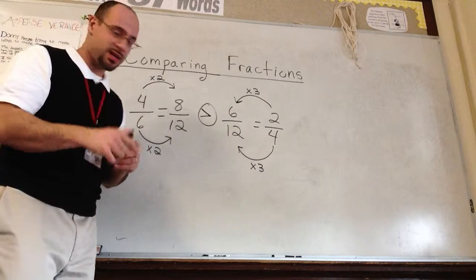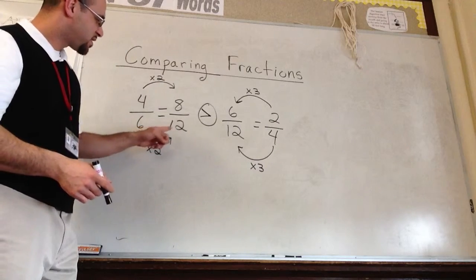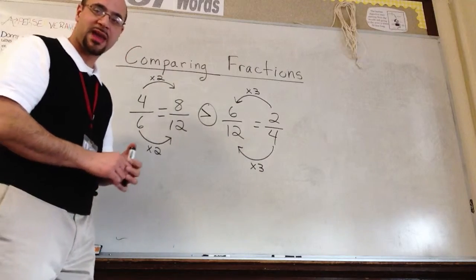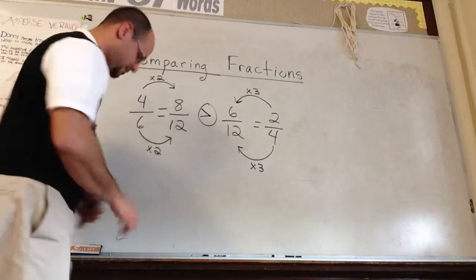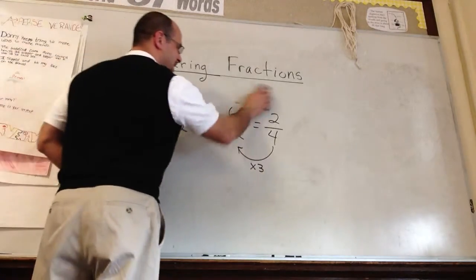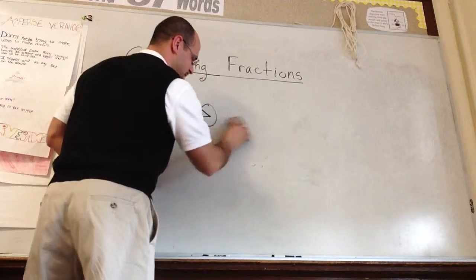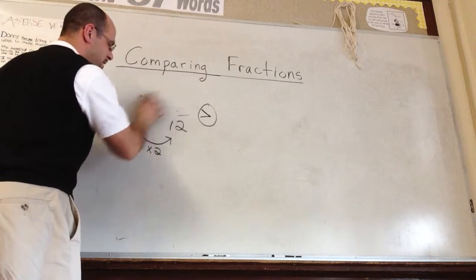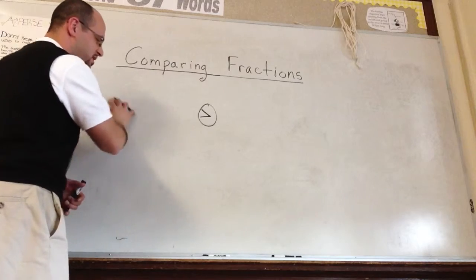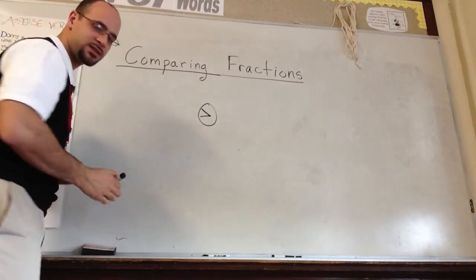The only trick is, if you have to change your denominators, and let me show you. Last one. Sometimes you're not going to have to change both fractions, is what I'm saying. So, let's do this one really quickly.